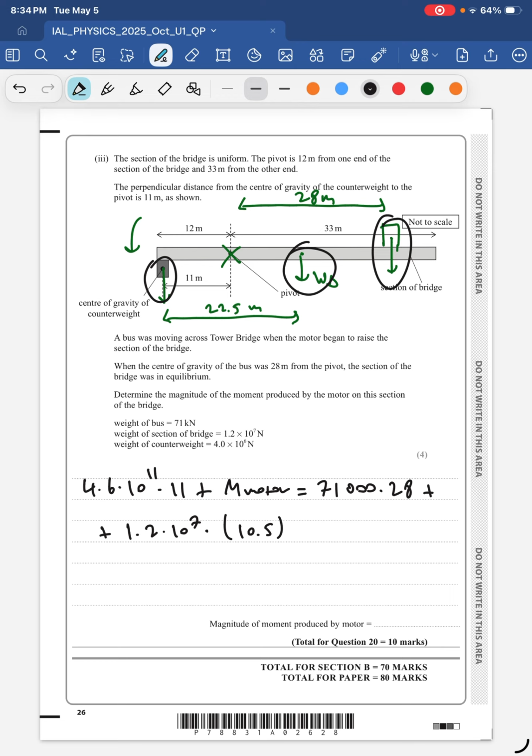Okay, so if we solve for M motor, we will find 83.99 times 10 to the 6 newton meters, which is approximately 84 times 10 to the 6 newton meters, which is the answer.